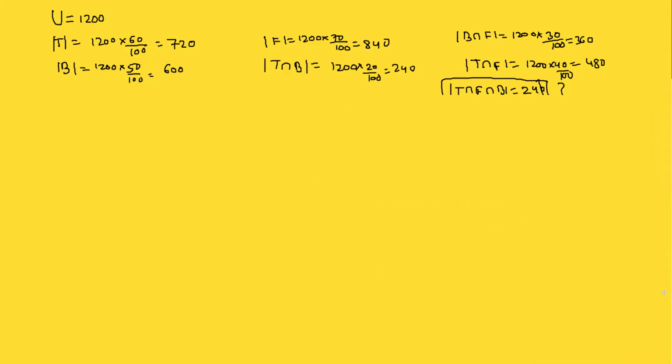So only the union is given. So what will you do? T, F, B intersection will be what?